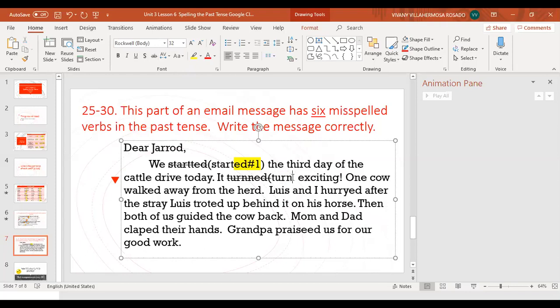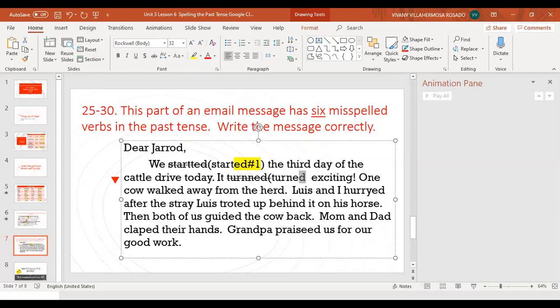And if you look at it, turn does have a single vowel, but turn does not end in vowel consonant. Turn ends with RN. R is a consonant, N is a consonant. So rule number 3 cannot be applied to this verb. So we have to just add ED, and that is all we need to do.